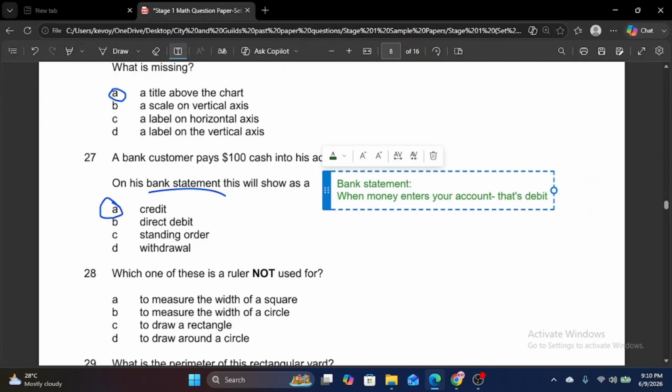Alright, so that's debit. And when money enters your account, that's credit.